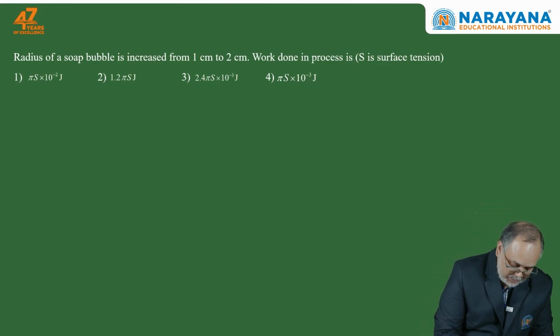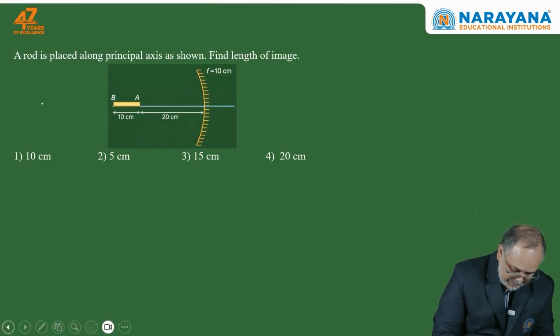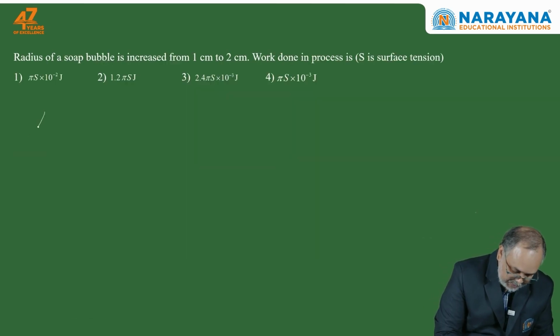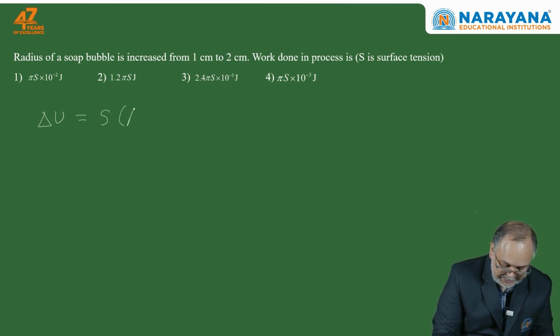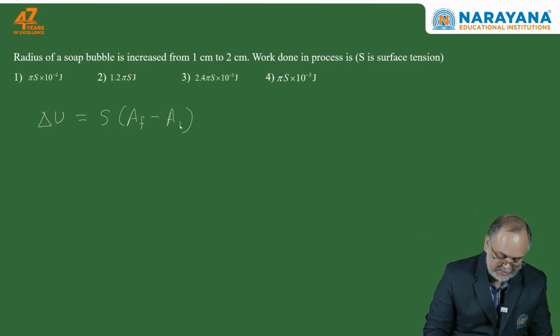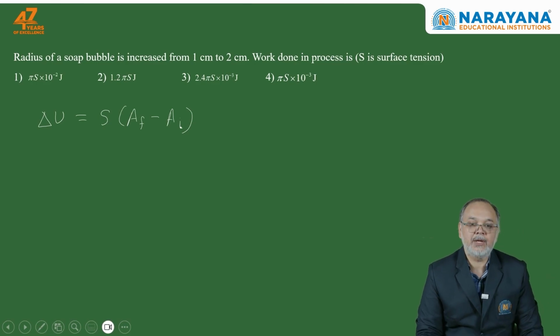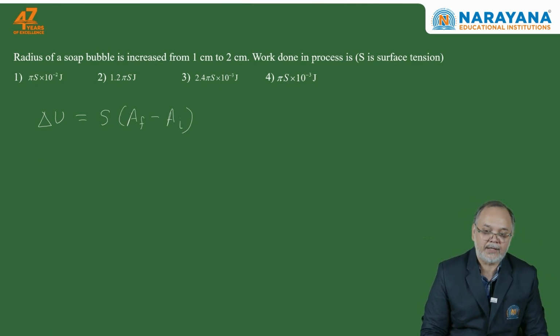So as we know the change in surface energy, we can write delta U is equal to surface tension into change in surface area, that is A final minus A initial. So we can say this will be equal to the work done, which we have to find here.